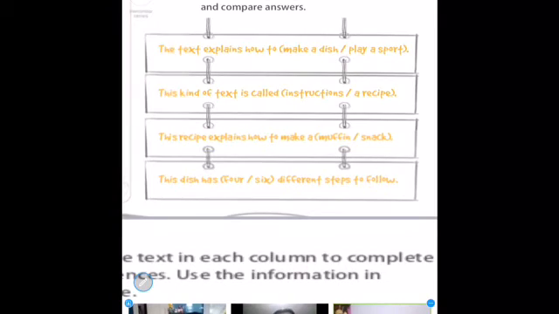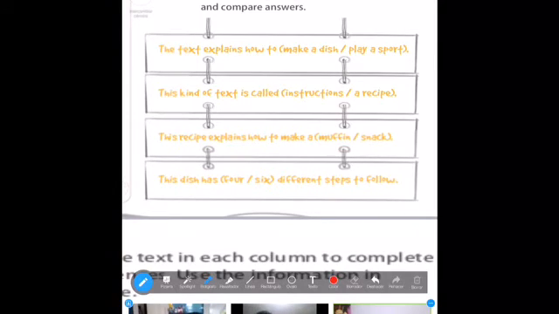Which is the correct answer? Play a sport. No, are we going to play football or are we going to make a dish, a delicious dish? Make a dish. Exactly, make a dish. This is the correct option, Yesenia, okay?